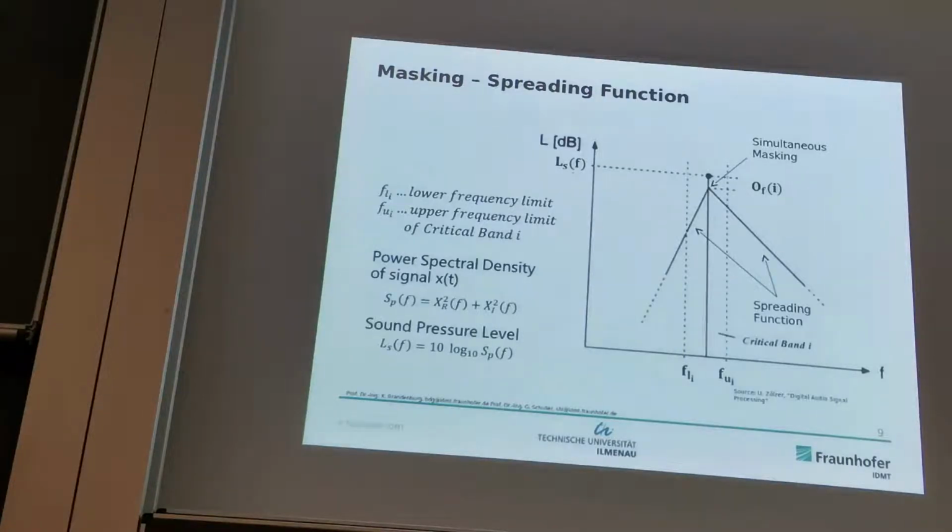Make sense? And yeah, this can be seen as basically this line, if you want to say it's a line. Everything that lies below the top here is masked, and this represents the simultaneous masking.